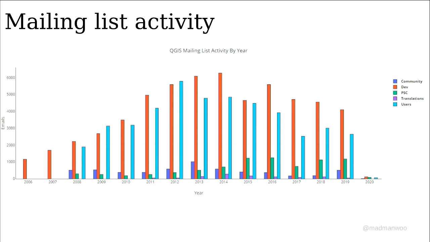From 2007 onwards, the traffic increased quite rapidly and grew the project. So that's mailing lists for dev, the community mailing list, which is still quite low, but then there's users mailing list as well. So users and dev kind of matched. Generally, if you're a user, you probably eventually transitioned into a dev as well.